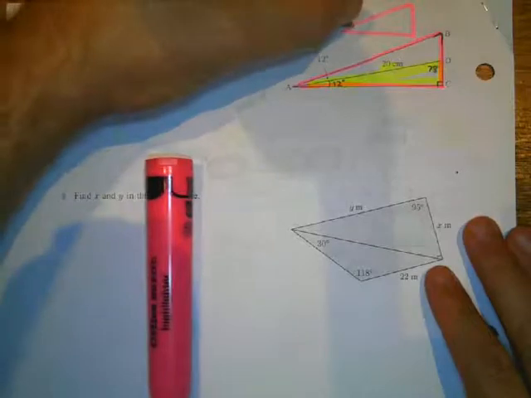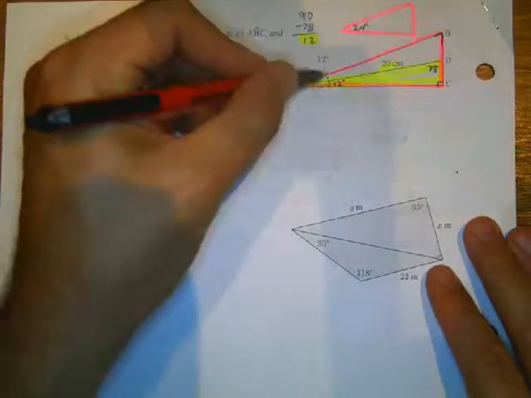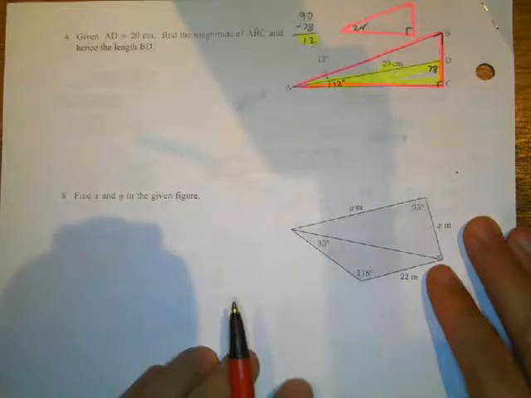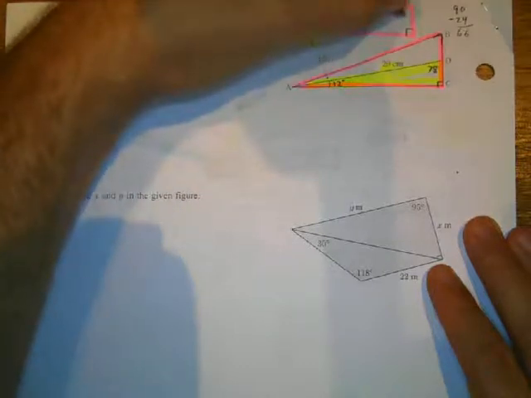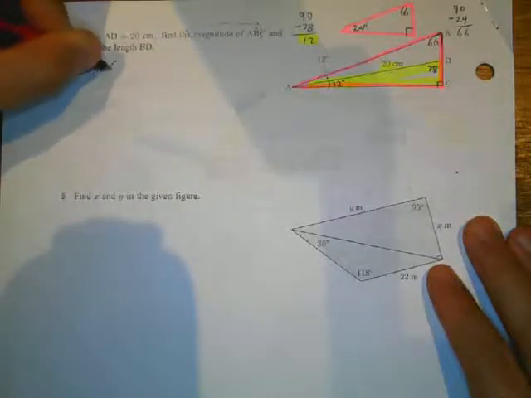If we know that this is 24 degrees, because we have 12 plus 12, that gives me 24, and we know this is 90, then I can do 90 minus 24, and I'm going to get 66. So this angle here has to be 66. I've answered the first question: angle ABC is equal to 66 degrees.